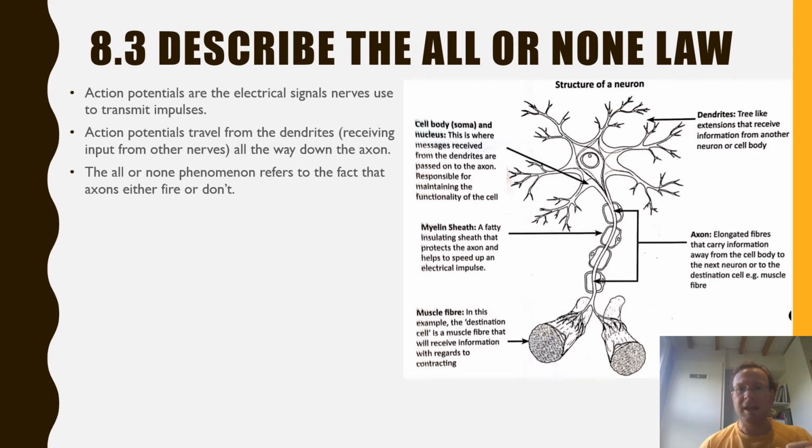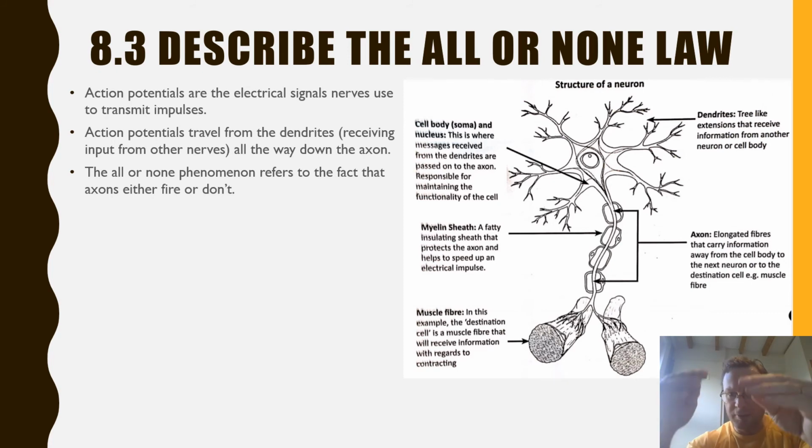Now, let's say there's a huge drive, a real requirement for large muscle contraction. Those dendrites are going to be receiving lots of signals from my brain. So my brain is sending impulses down my spinal cord, and now those dendrites are picking up those signals.